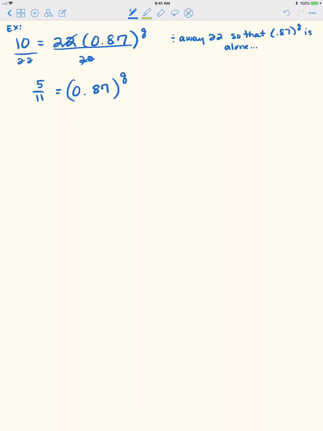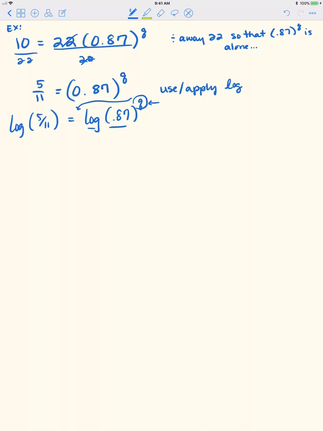The base is not e, so I'm just going to apply the common logarithm to both sides. So what that'll look like is the log of the quantity 5 over 11 equals the log of 0.87 to the q. We'll use our exponent property: if I take the log of a number with a power, that power can hop down front as a product.